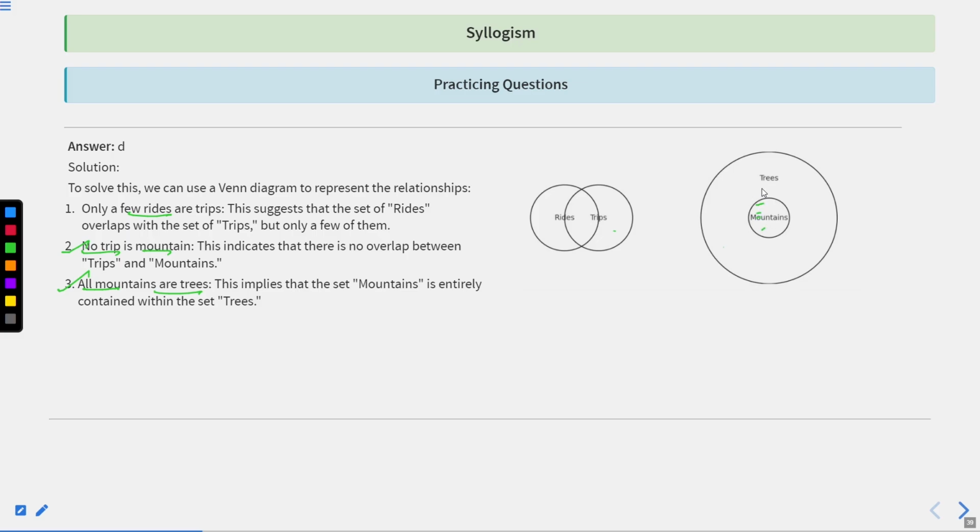So there can be another inference that some trees are mountains, correct? Not all trees, but some trees are mountains, and all mountains are trees, that is also true.